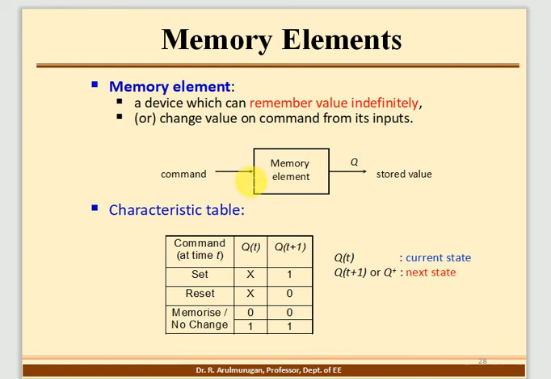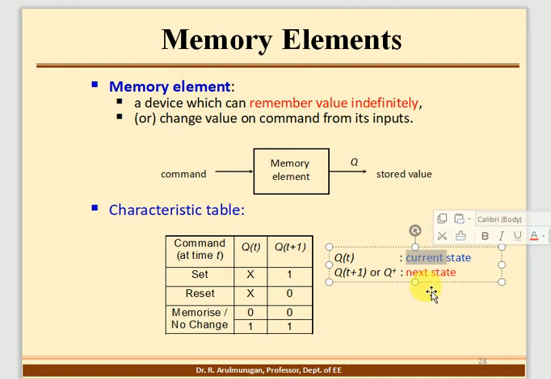What is the command input you give? You can give either 0 or 1. 0 denotes reset, 1 denotes set. The outputs are Q and Q bar. Q plus, instead of Q of t, is Q of t plus 1, that is, the next state, while Q is the current or present state.